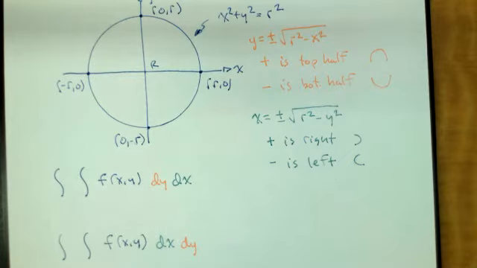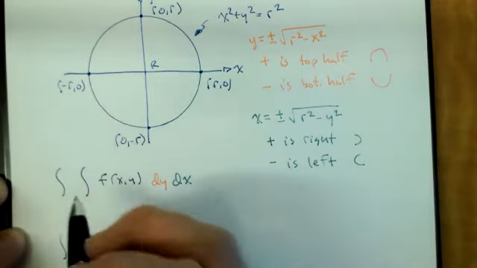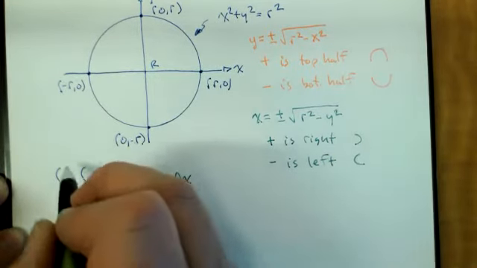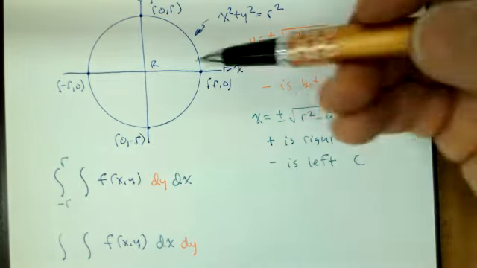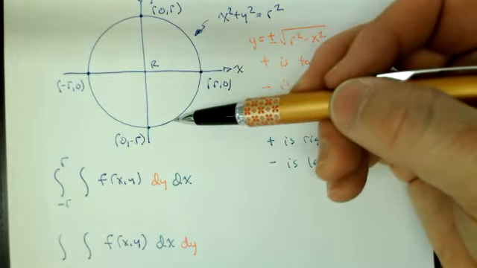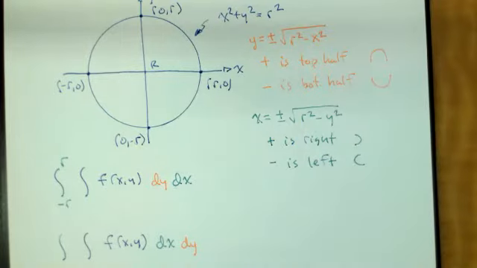So in the dy dx integral, the dx integral is the last integral. So we have to say what x is between. And the x's go from negative r to r. Then we could pick a typical x value and say, what is y between? So the bottom is going to be the negative square root, and the top will be the positive square root.